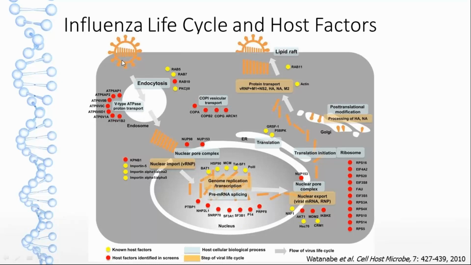And so there's an entry phase and a transport phase. The virus particle gets taken in, and the RNA gets extracted from the virus particle, transferred to the cytosol, and then imported into the nucleus using the nuclear pore complexes.